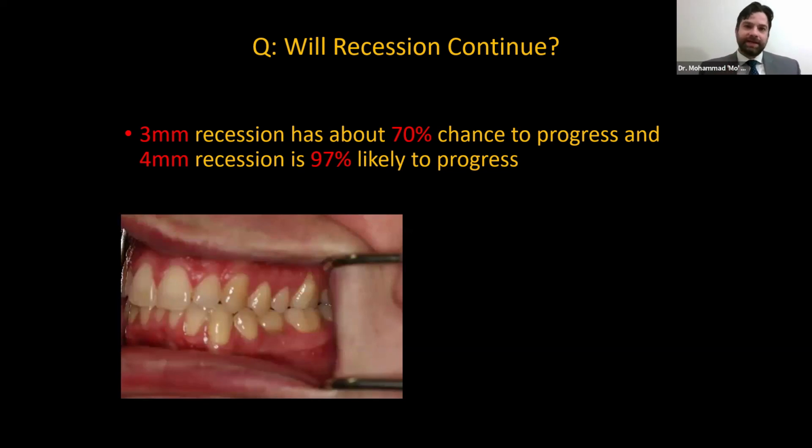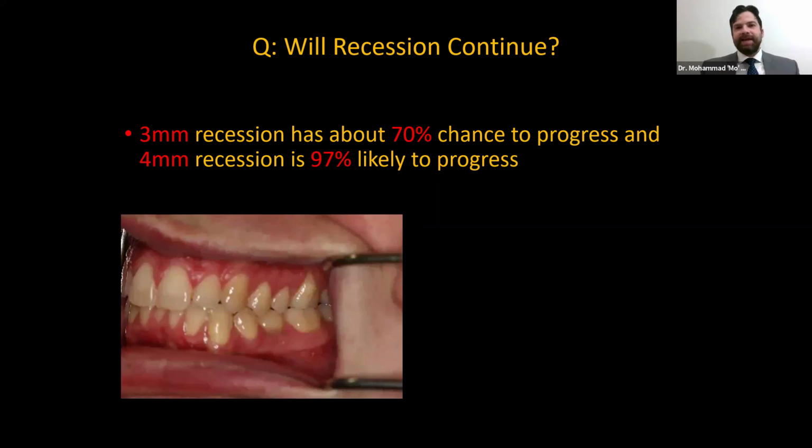But look at one thing. The difference between a 3 and a 4, not much, only 1 millimeter, but the likelihood that it's going to progress further goes from 70 to almost 100%. So that basically means that when you have a certain threshold of recession, let's say around 3 millimeters, it's very, very, very likely that it's going to get worse.